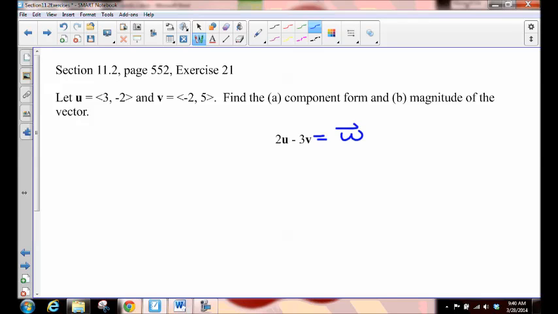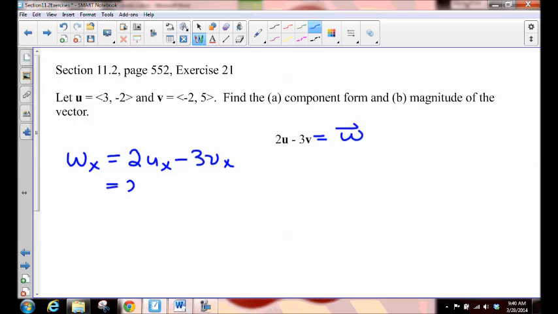Now, as we've learned, we can only add x components to other x components, and y components to other y components, because x and y are independent of each other. So the x component of my new vector is going to be 2 times ux minus 3 times vx.